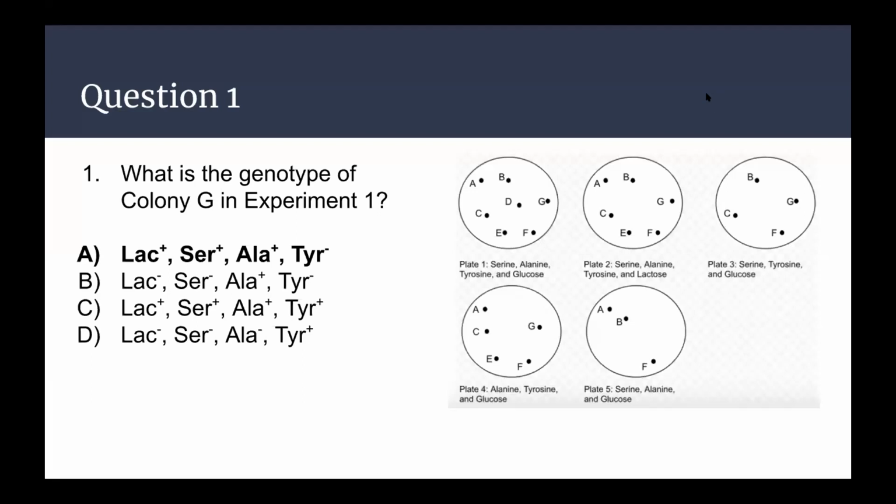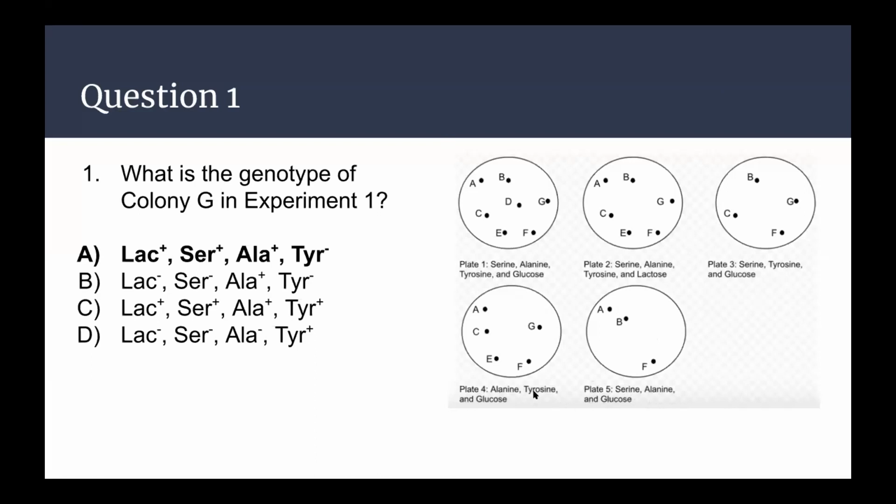Yeah, so to figure out the genotype, we have to pay attention to the plate in which colony G wasn't able to grow. So that's why we pay attention to plate 5. Colony G wasn't able to grow on plate 5, and to figure out why, we look at what the plate contains. It only contains serine, alanine, and glucose. And because it wasn't able to grow on this plate, that means it's missing something essential.